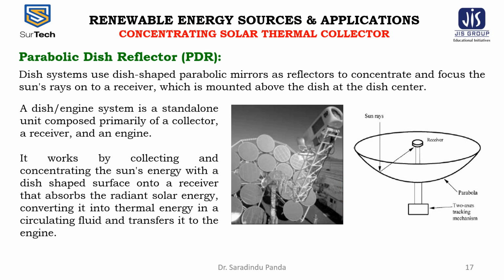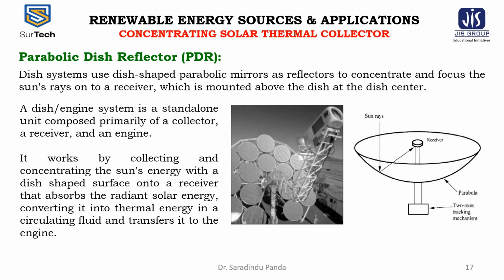It works by collecting and concentrating the sun's energy with a dish-shaped surface onto a receiver that absorbs the radiant solar energy, converting it into thermal energy in a circulating fluid and transferring it to the engine.